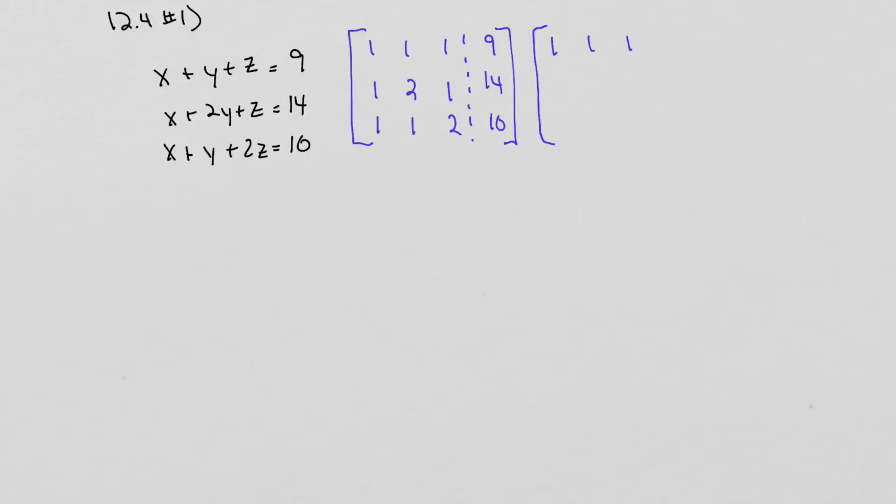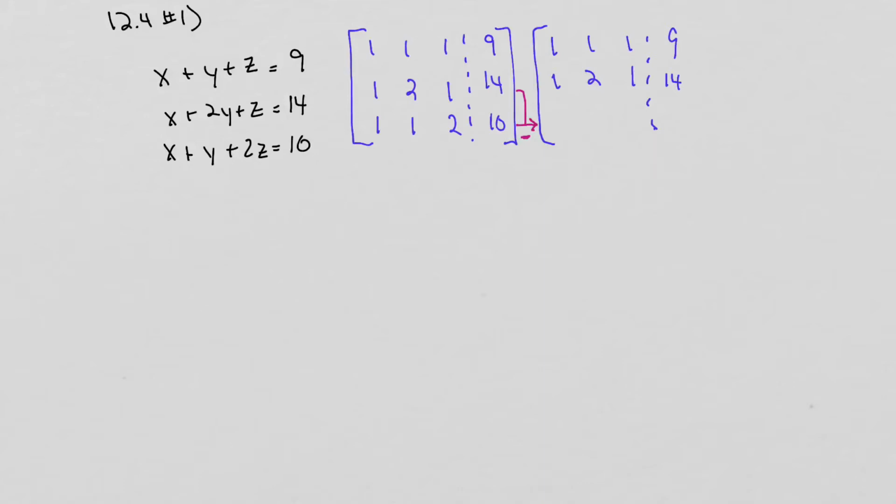1, 1, 1, dotted line, 9. 1, 2, 1, 14. And now on this last row, I'm going to subtract. This row is going to be subtracted from this row up here. So row 3 will be subtracted from row 2.